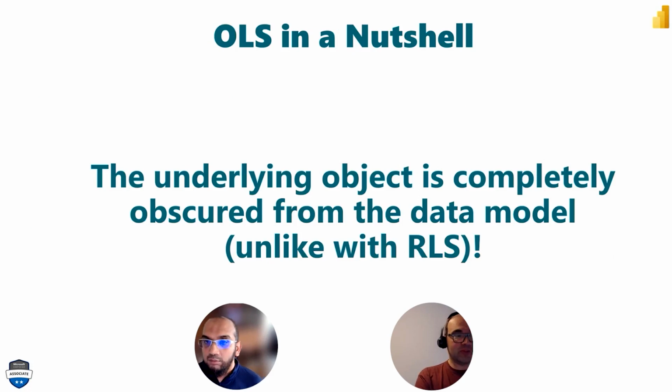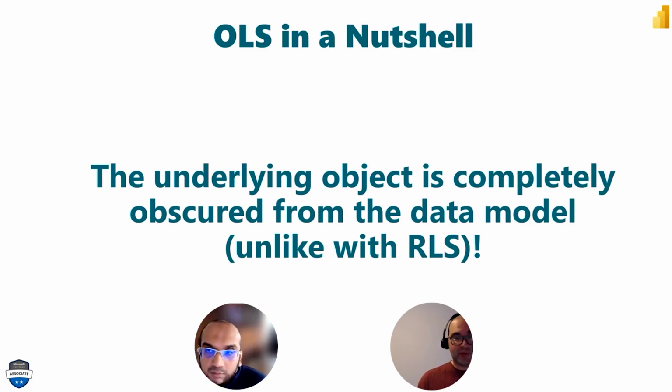Okay, and object level security, unlike row level security, means that you can restrict the access to specific data structures in a semantic model, namely tables or columns, or columns to be more precise.